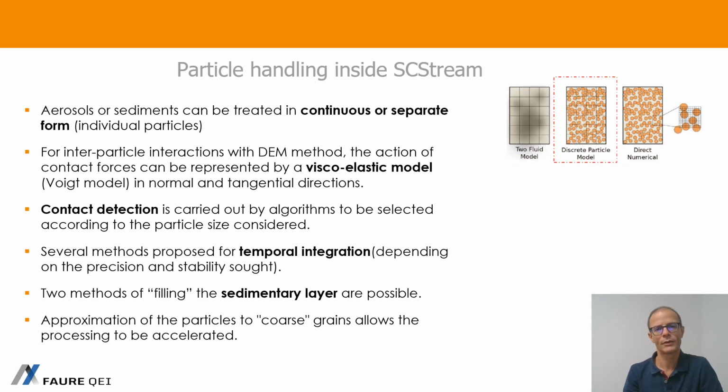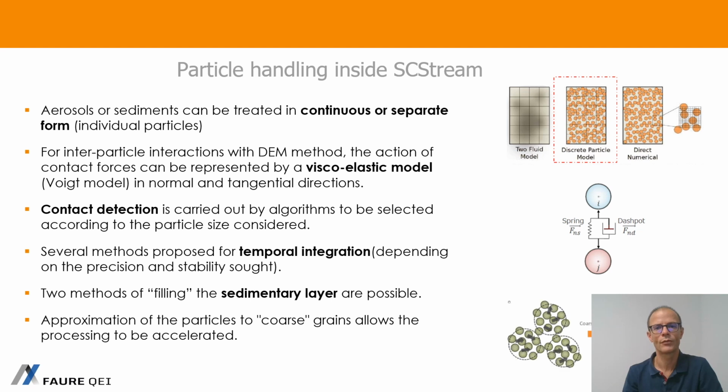Then an algorithm deals with contact detection. Users can also choose the way temporal integration is made and the way the particle layer is defined. And finally, a coarse-grained technique is proposed to improve the computation efficiency.